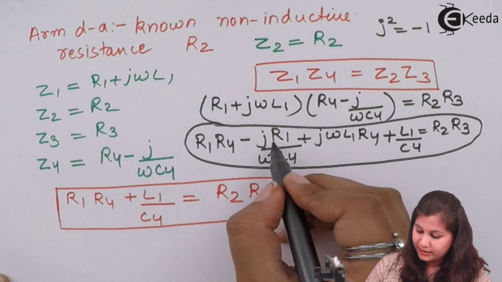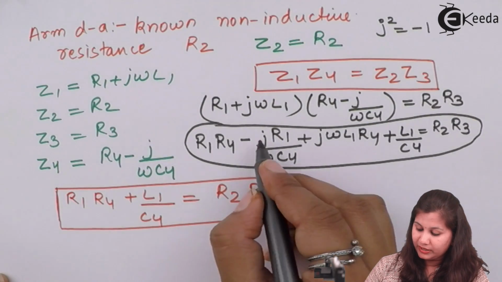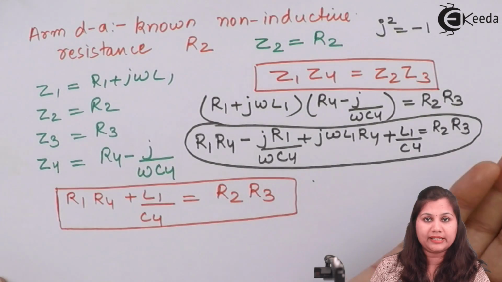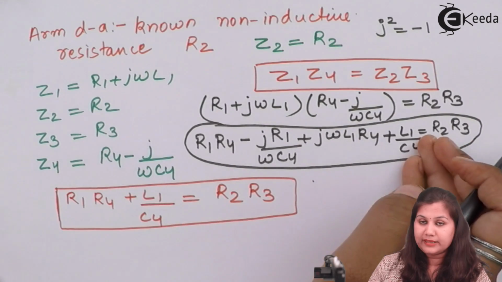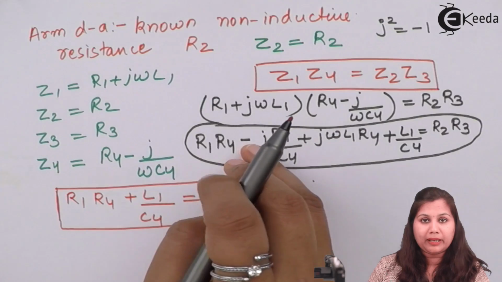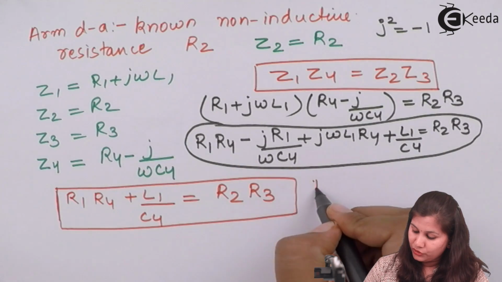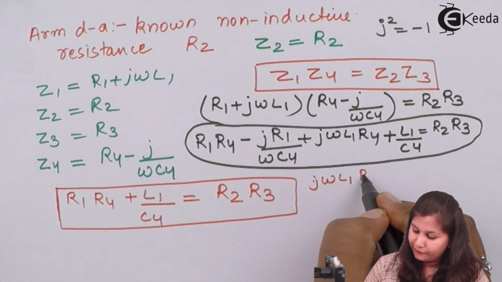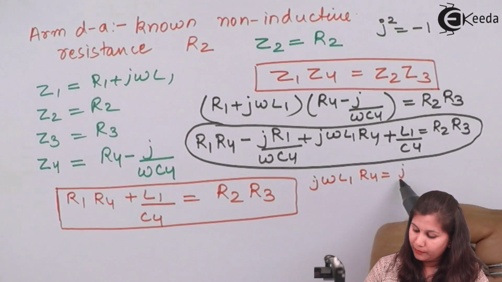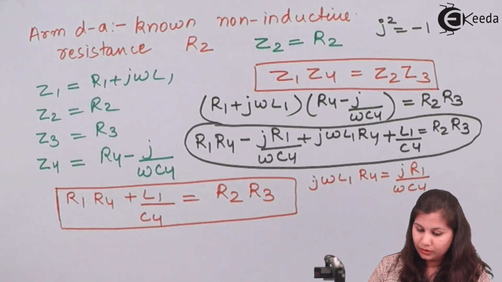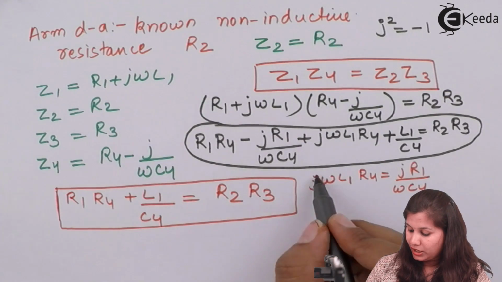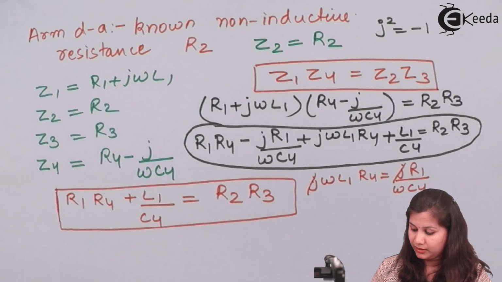Another equation is minus. When this minus will go to the right hand side of the equal to sign, then it will become plus. So we will have j omega L1 R4 is equal to j upon omega C4 R1. Okay. So j and j will be cancelled out.